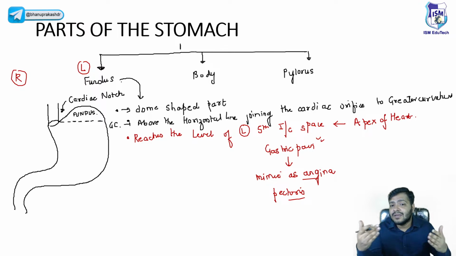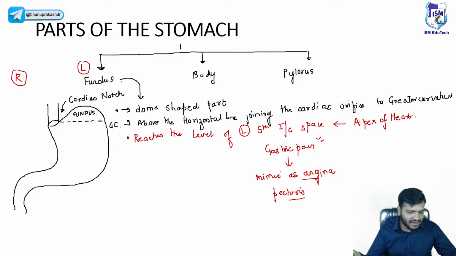So sometimes the patient's pain will mimic the pain of a heart attack, that is angina pectoris, right? So that is one of the clinical points that you have to remember. I hope this is clear.